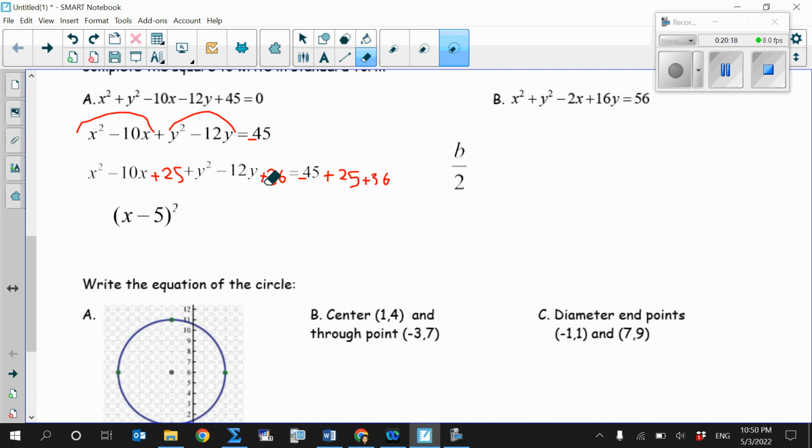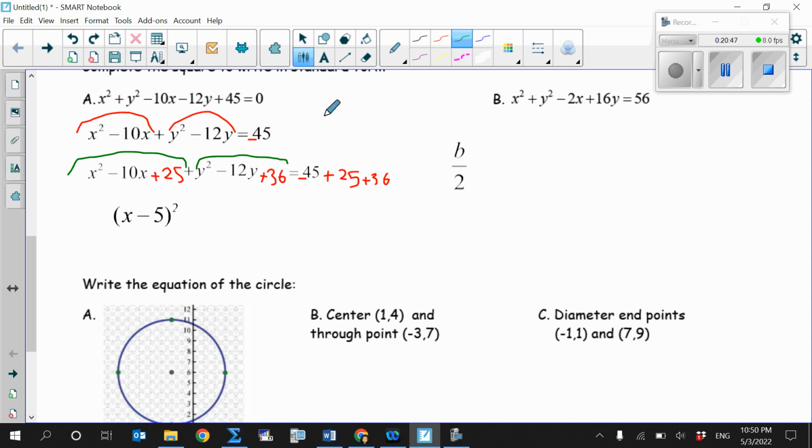Now, how about the second part, which is this one? So the first part was this section, and this is the second part. y squared minus 12y plus 36. How do I find the perfect square of that? You're just going to write y minus, what is that number that comes after y? It's the b value. In this case it is negative 12. Don't forget about the negative.